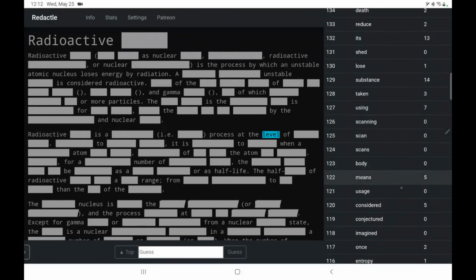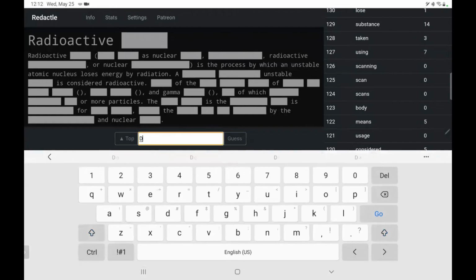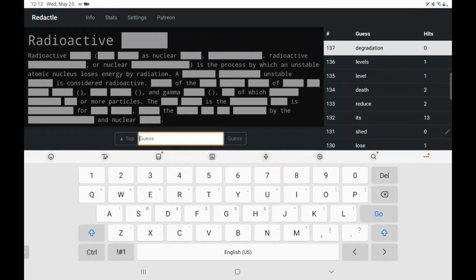I really thought when I finally remembered entropy that I was getting there. Degradation. No. Radioactive. Shrinking. Unstable.